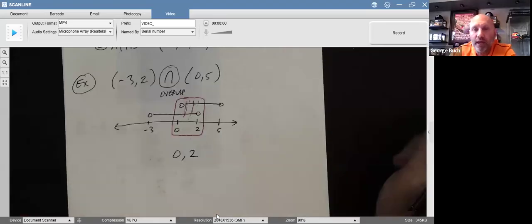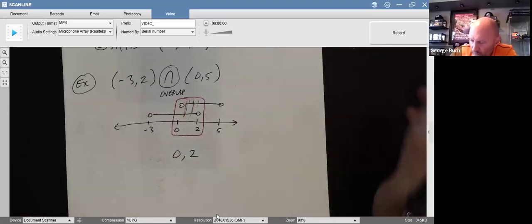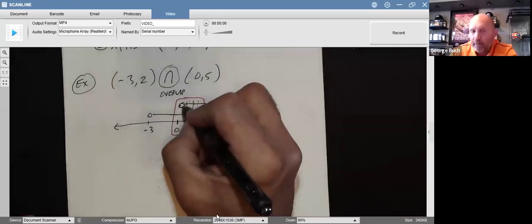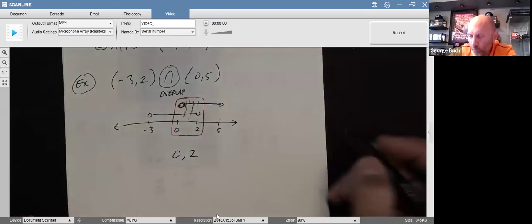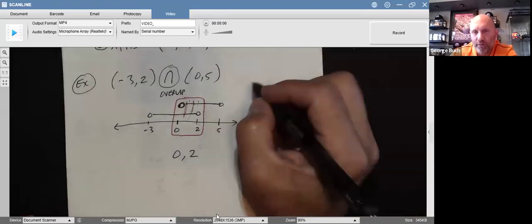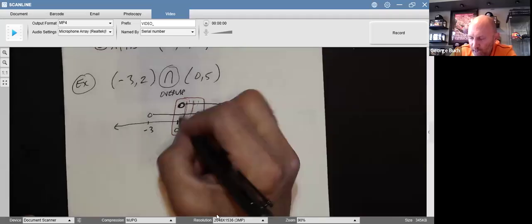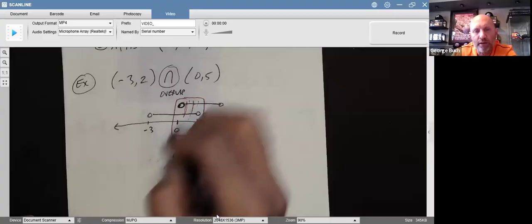But now I need to decide, okay, does this get parentheses or does this get brackets? Well, because I have an open circle here, remember it's and. It has to be in both of them. So an open circle wrecks everything. So because I have an open circle here, it means 0 is not included because it's not in both of them. Therefore, it gets a parenthesis.